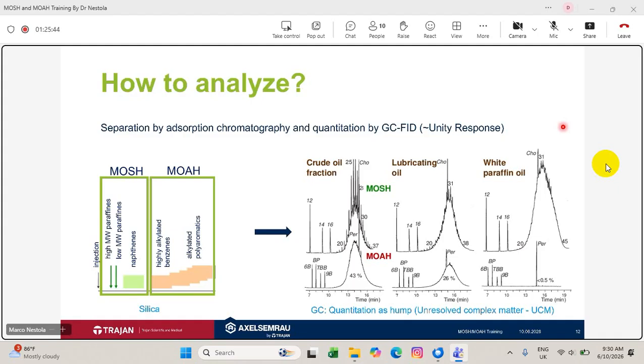What we typically see, depending on the refining degree of a mineral oil, is, as you can see, the MOAH chromatogram in these three examples look very, very different. From, let's say, 50-50 down to almost 0. This is just a result of the refining process. The more you are refining a mineral oil, the more you are removing the aromatic hydrocarbons.